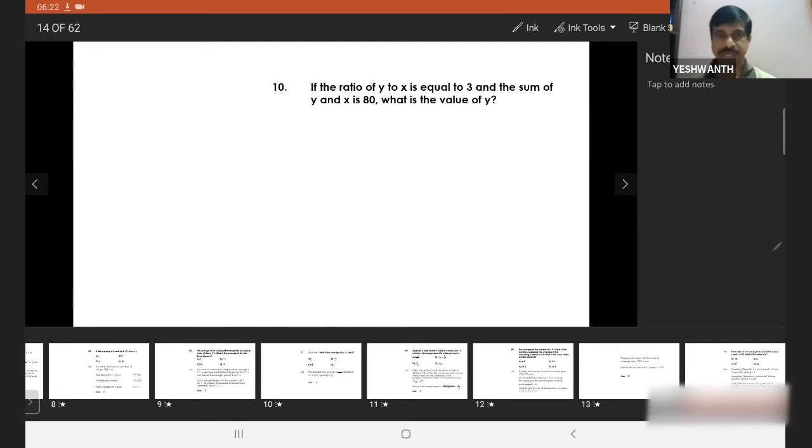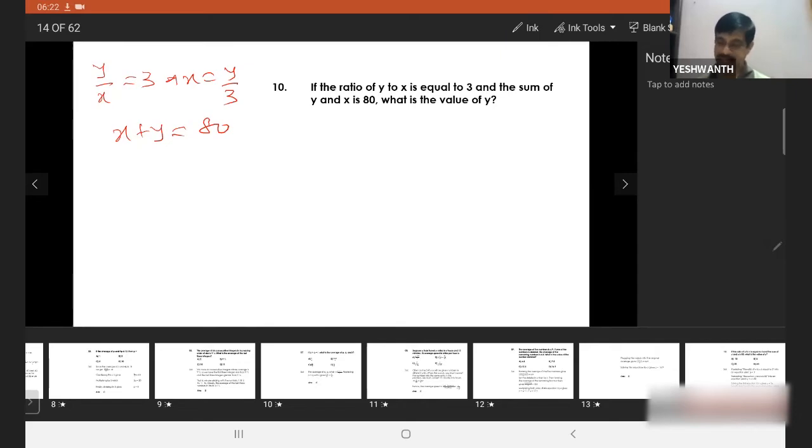If the ratio of y to x is equal to 3, ratio means y by x is 3, and the sum of y and x is 80, what is the value of y? So x equals y by 3. The sum x plus y equals 80.